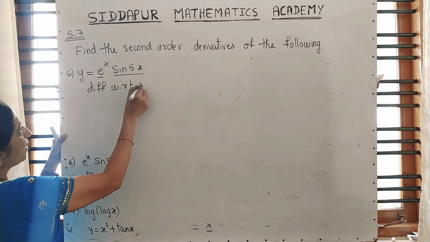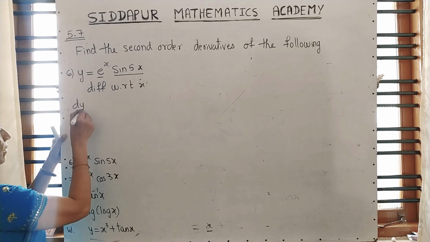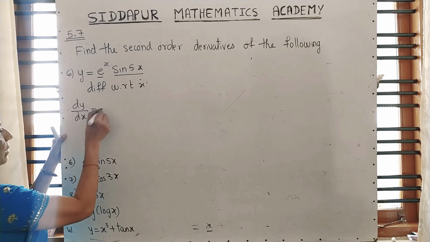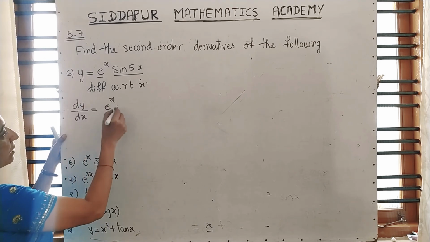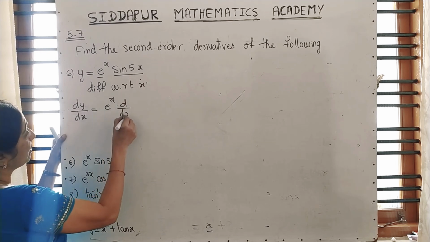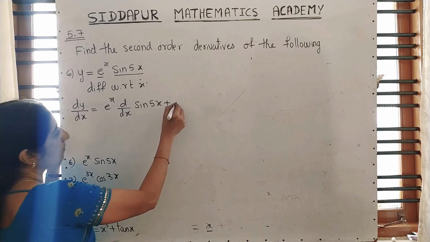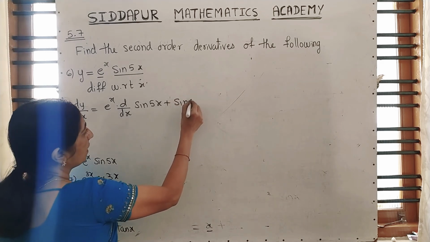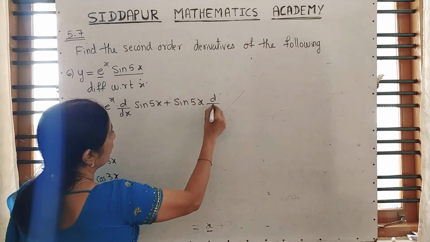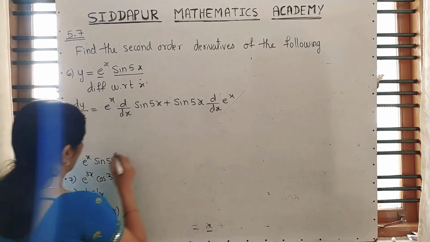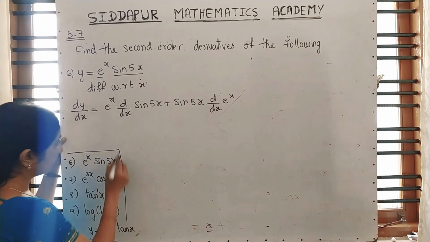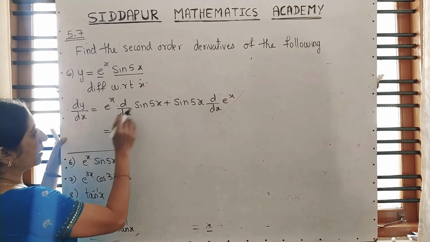Differentiating with respect to x, dy upon dx is equal to e raised to x as it is. First I will write the steps. Differentiation of sine 5x, plus sine 5x as it is, differentiation of e raised to x. e raised to x as it is.